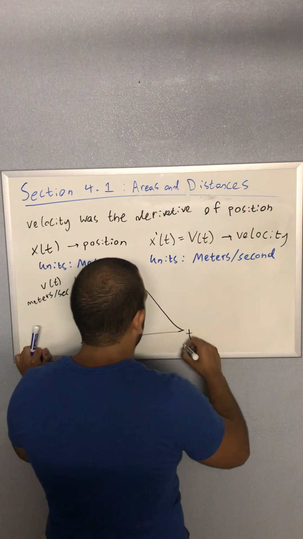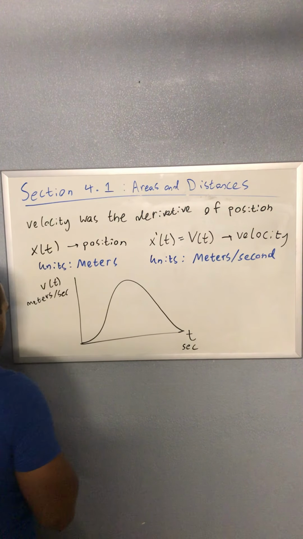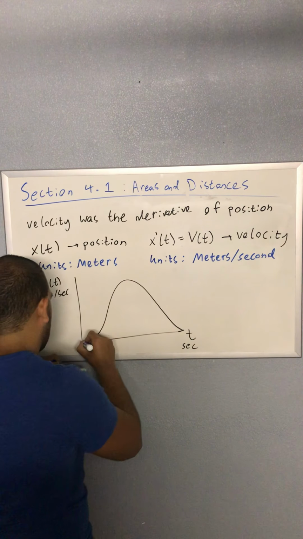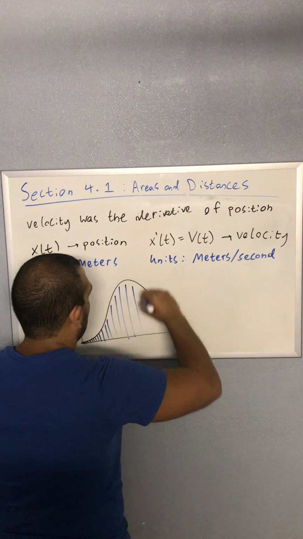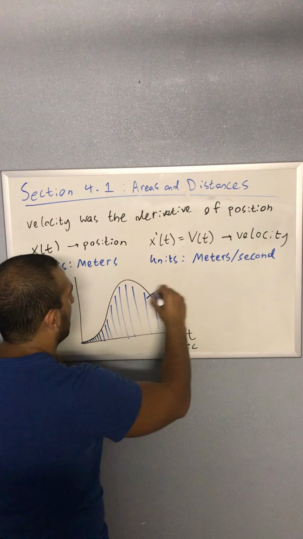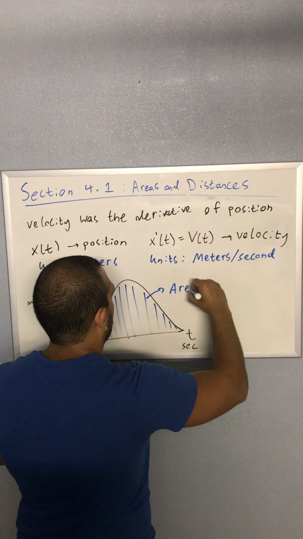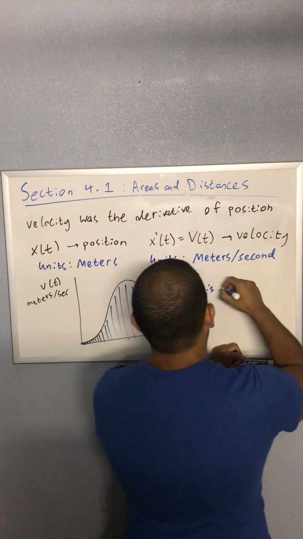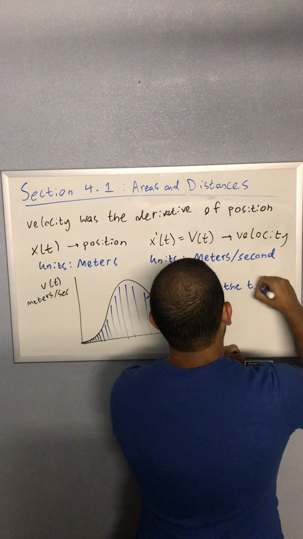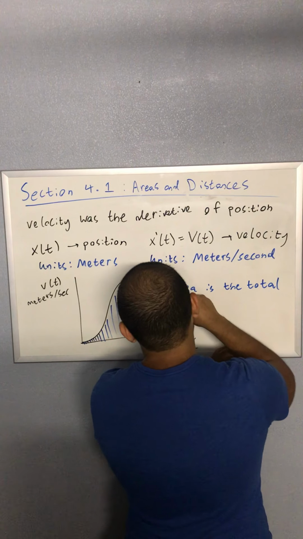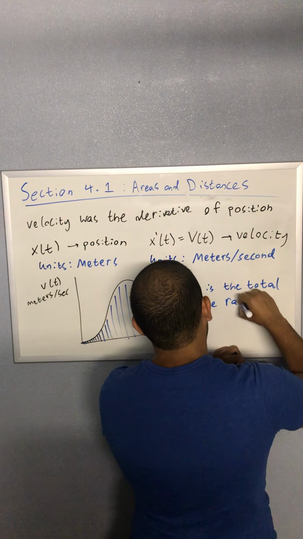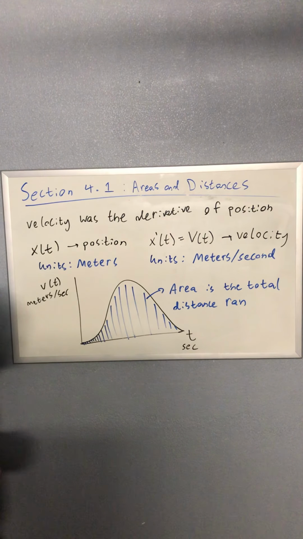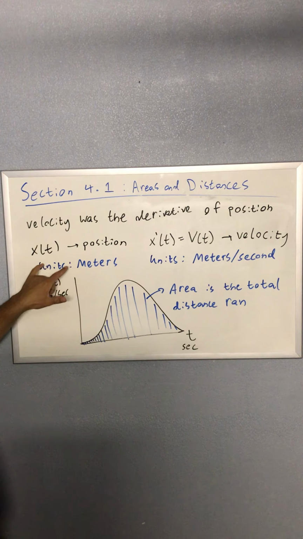and this is seconds still. So the area under the curve here, first off, what does this area give you? This area is the total distance ran. So the area underneath the curve is telling you things about the position, which makes sense, right?